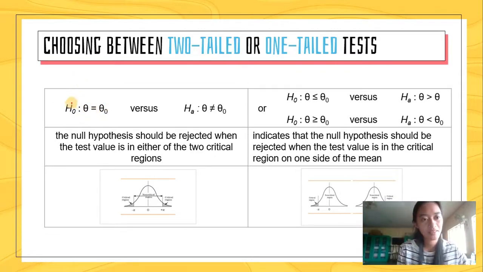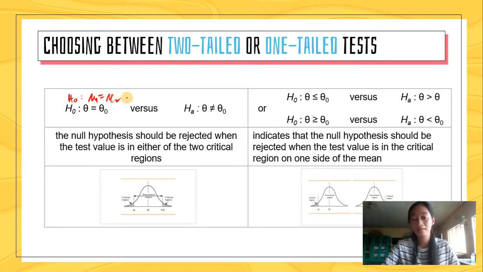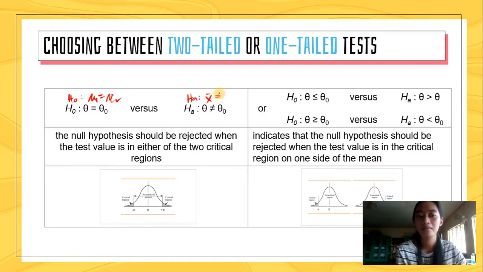Population 1 is equal to population 2. They are just equal, versus the alternative or research hypothesis, for example, that the sample mean is not equal to the sample mean that you found from another group. Sample mean 1 and sample mean 2 are not the same.